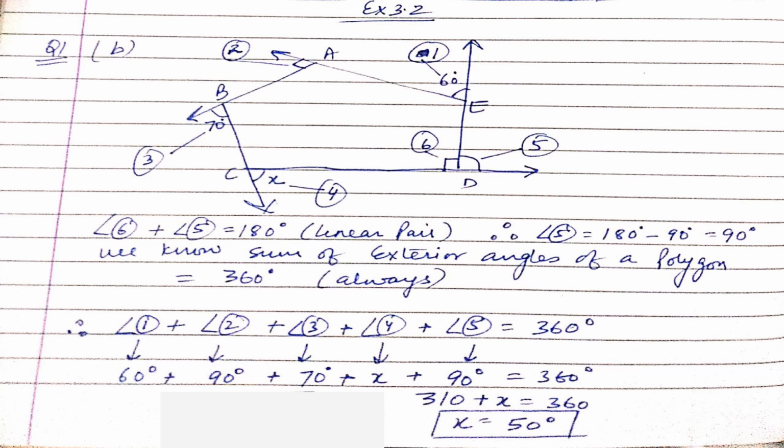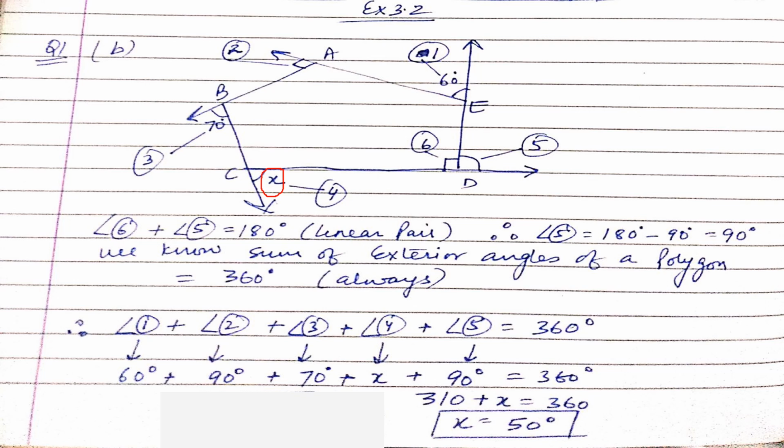Now, exercise 3.2, question 1b part. Given to you a figure like this, you can observe I've given the names as A, B, C, D, and E. So there are 5 sides AB, BC, CD, DE, and AE. It is a pentagon. Question wants us to find the value of x.